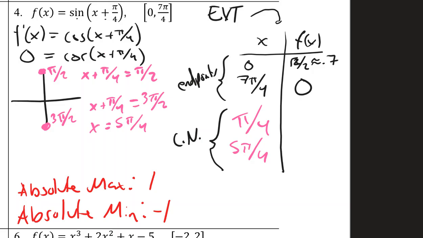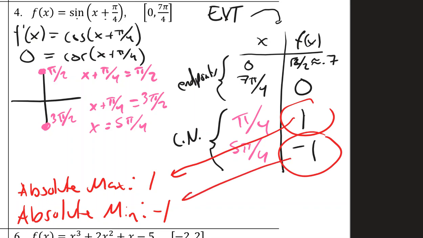The sine at pi over 2 is 1. And when I plug in 5 pi over 4 and add pi over 4, that's 6 pi over 4, which reduces to 3 pi over 2. And the sine at 3 pi over 2 is negative 1. Now the real work is done. The biggest number over here is your absolute max, and the smallest number over here is your absolute min.